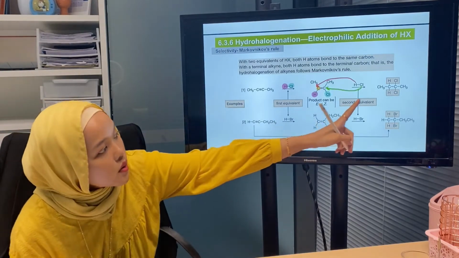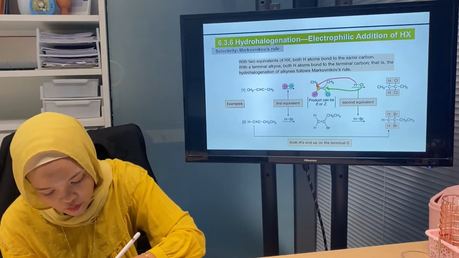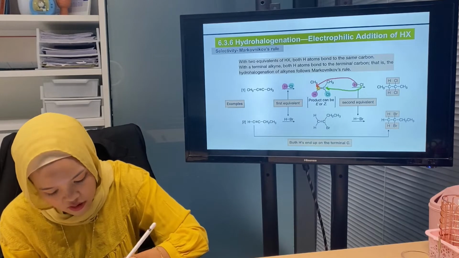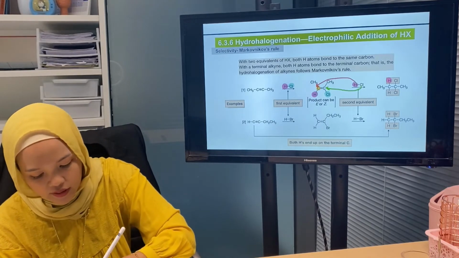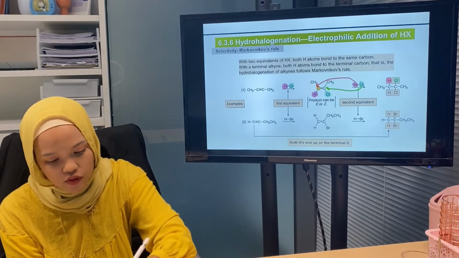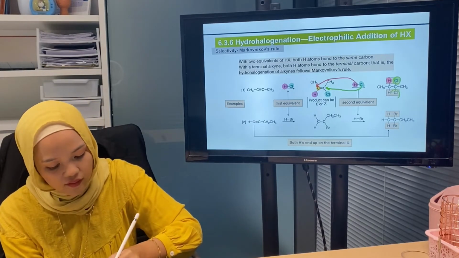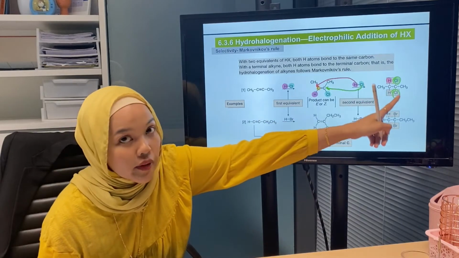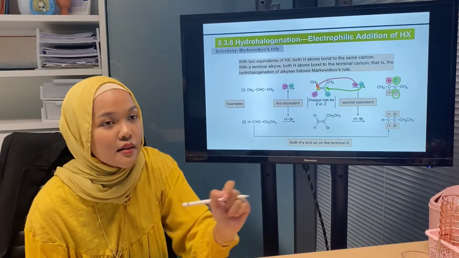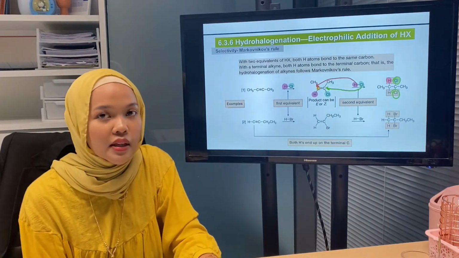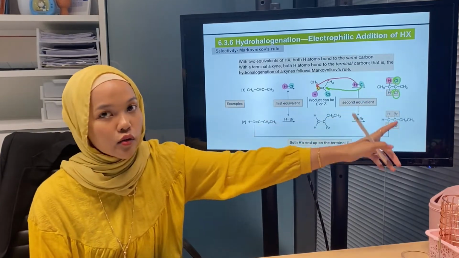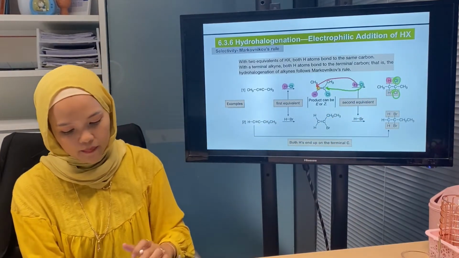So your H will be added here, and the Cl will be added here. You see, they form Cl on the same carbon, so they are going to form a geminal dihalide. Geminal means that at one carbon you have two halogens.